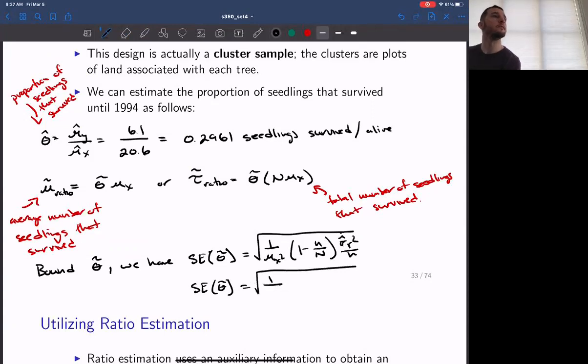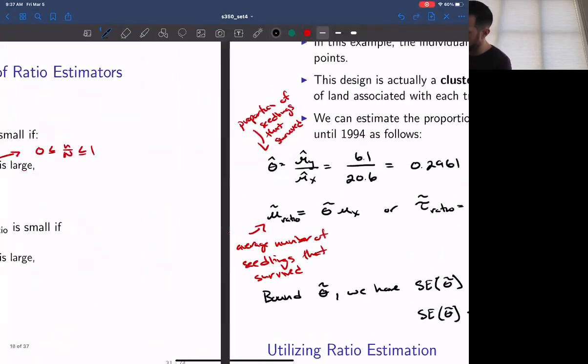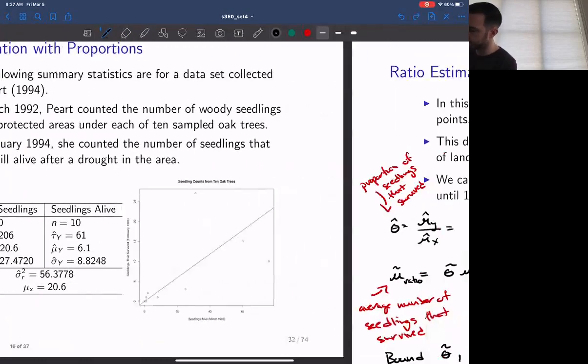We would have 20.6 squared multiplied by, and in this case we're going to assume that N is very large, since we don't have a population size.